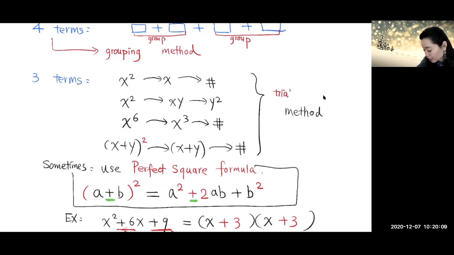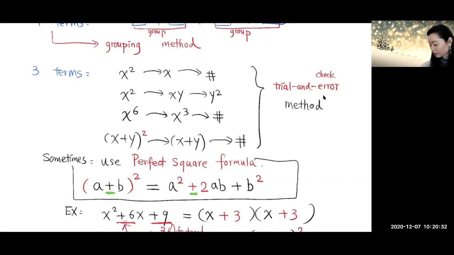Sometimes we call it the try and check method, or try and error method.